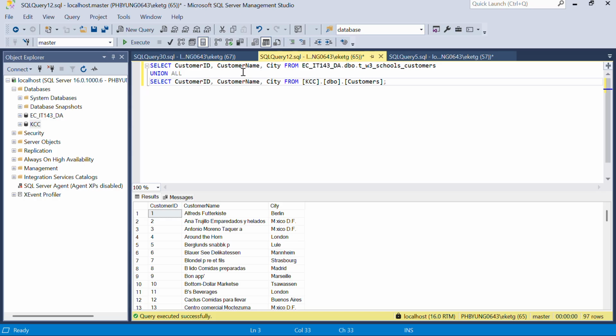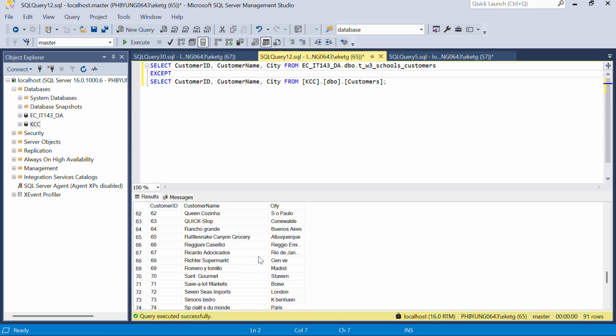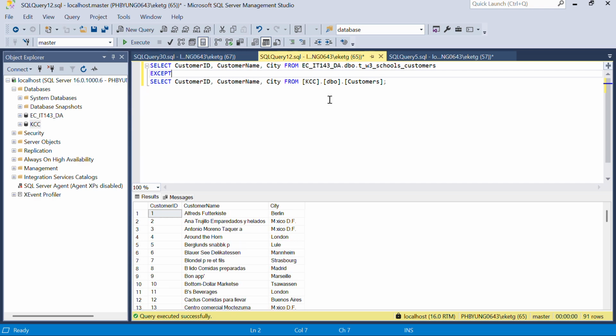So moving down to union, and here let's start with except. Let's see what happens. So this is what it gives me. It runs the first table and excepts the second table.